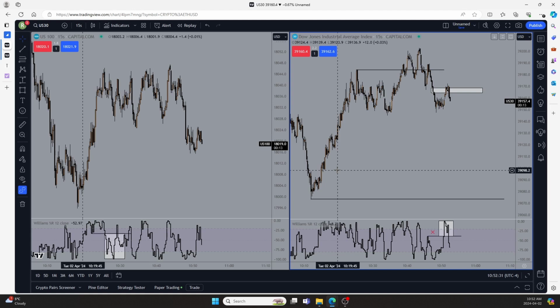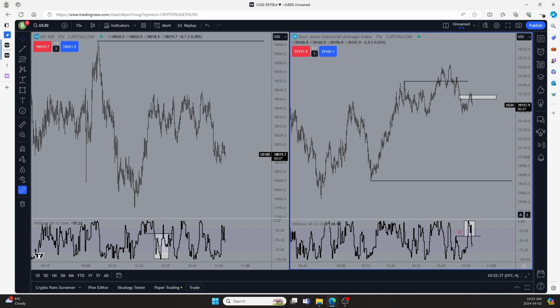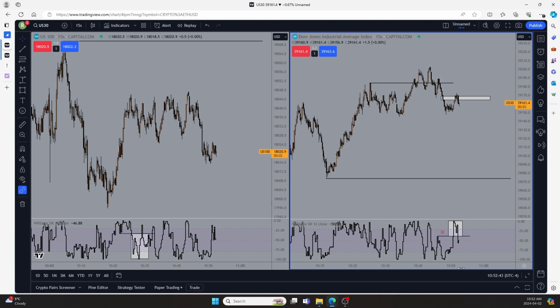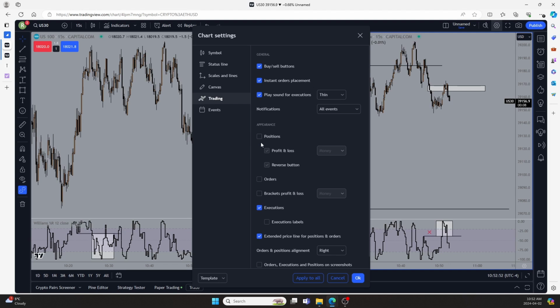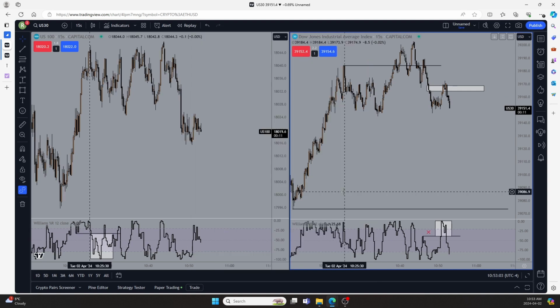There is more room for us to go down here, the sell side liquidity pool resting below that low right there. I have no idea where my order is. Oh, actually, you know what? I know what's going on here. Big mistake. Oh, nope, executions are on. Okay, that's interesting. So I clicked sell multiple times in here.